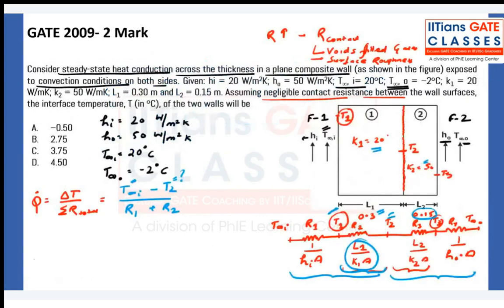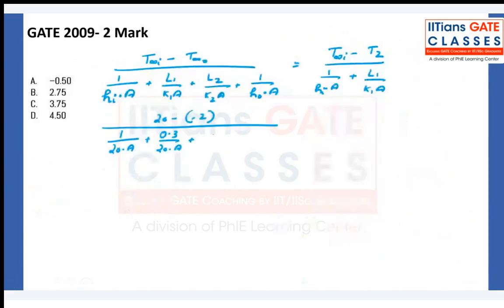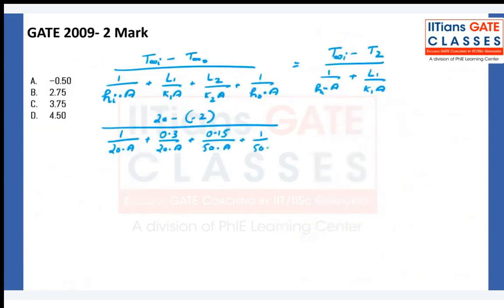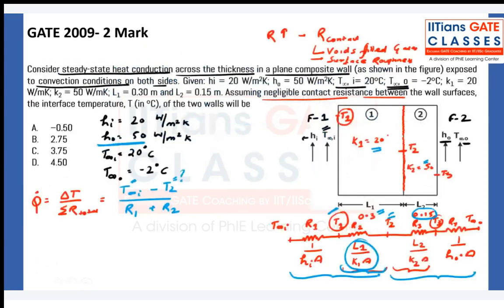It is 0.15 upon 50 into area plus 1 upon H0, and H0 is 50 into area. Now this is 20 minus T2 equals 1 upon 20A plus 0.3 upon 20A. Yes, this is 20 and K1 is also 20. It's correct.